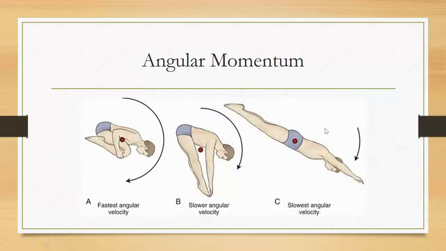So let's have a look here. You can get a good idea. Because this person has a decreased moment of inertia, there's less resistance to motion, so therefore they can rotate faster. They have a faster angular velocity. If I go over to C, my radius being the middle point to an end point, my radius has increased. That means my moment of inertia has increased.